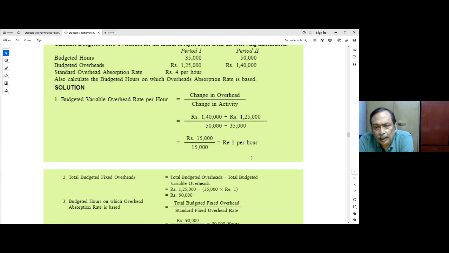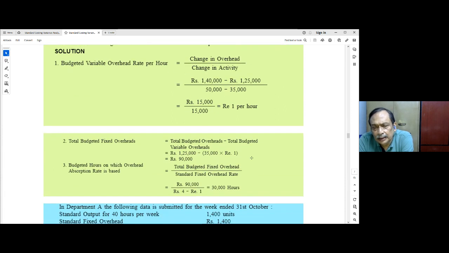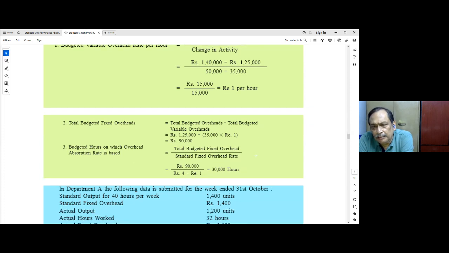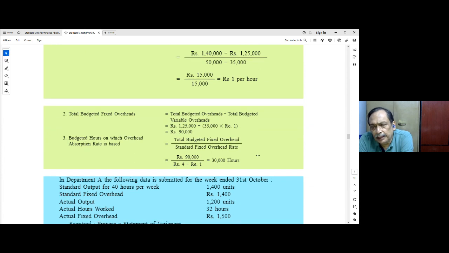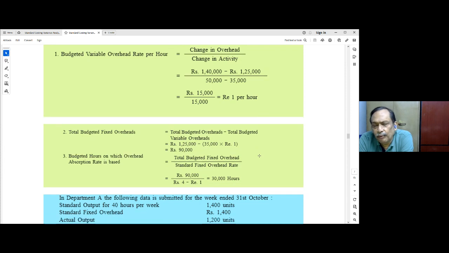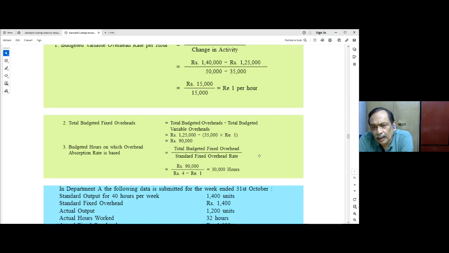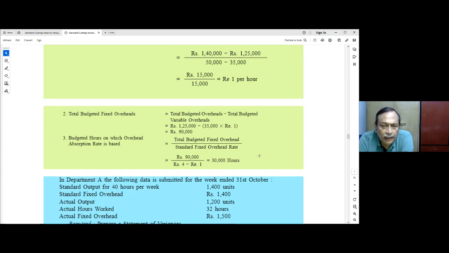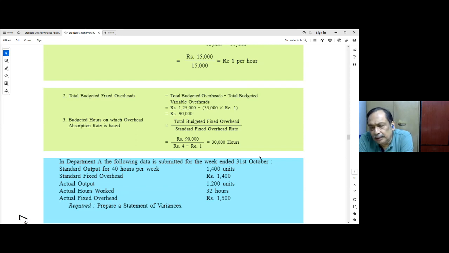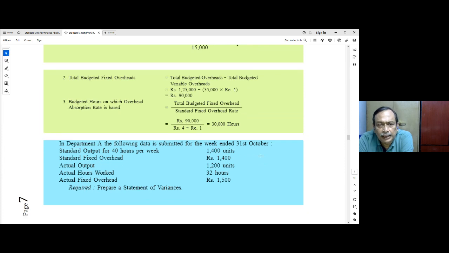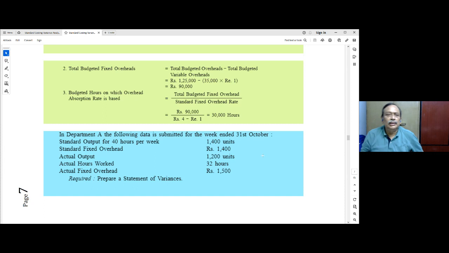Okay, again I repeat, budgeted hours on which overhead absorption rate is based, that is total budgeted fixed overhead divided by standard fixed overhead rate, which is 4 minus 1, that is 3. And rupees 90,000 divided by rupees 3, rupees cancels out. So budgeted hours on which overhead absorption rate is based will be 30,000 hours.